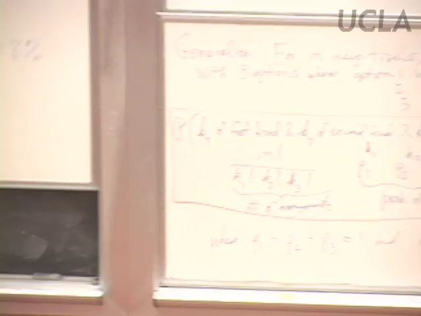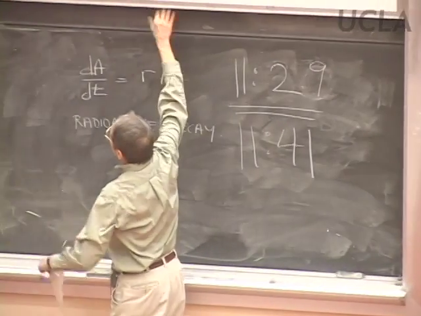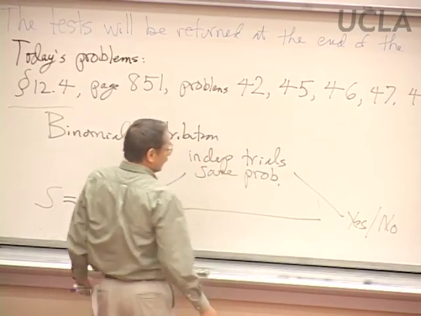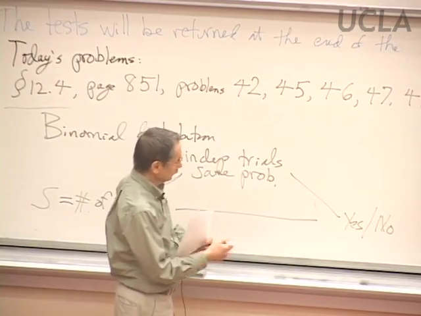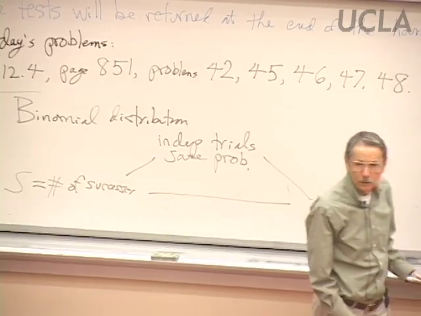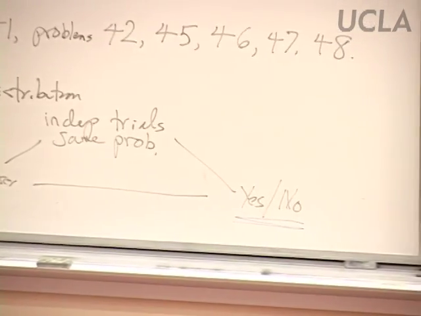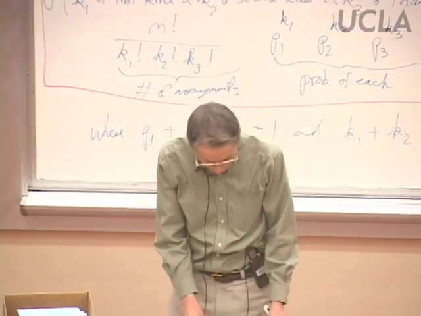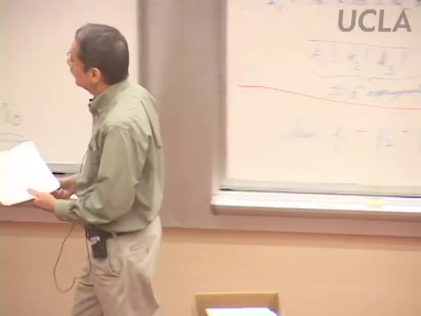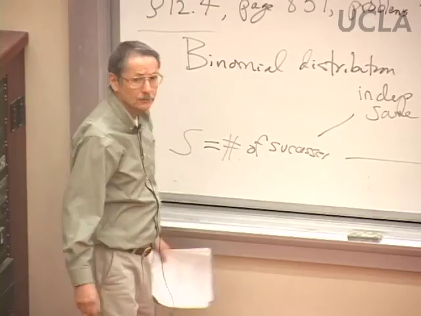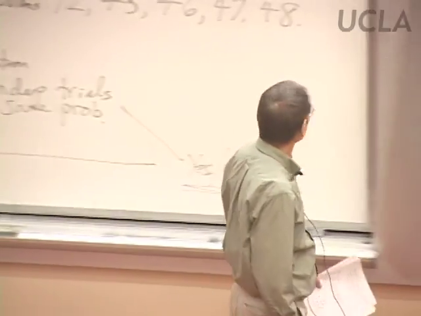But what about the other change in this picture? Let's go back to keeping it simple: yes, no, pass, not pass, succeed, fail trials. But instead of counting the number of successes, we're going to count something else.